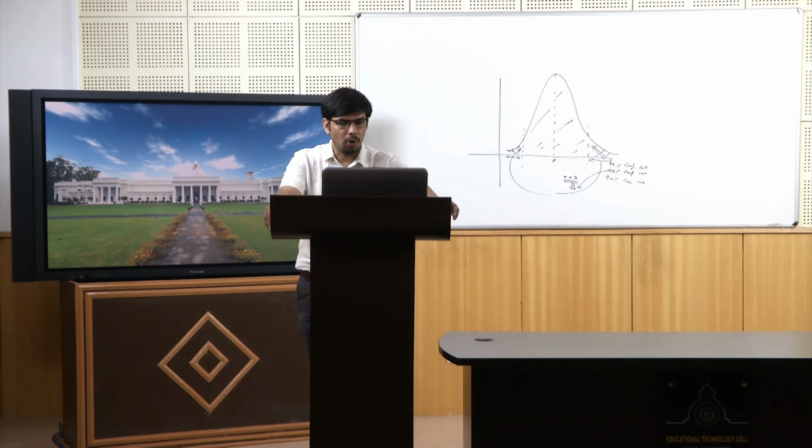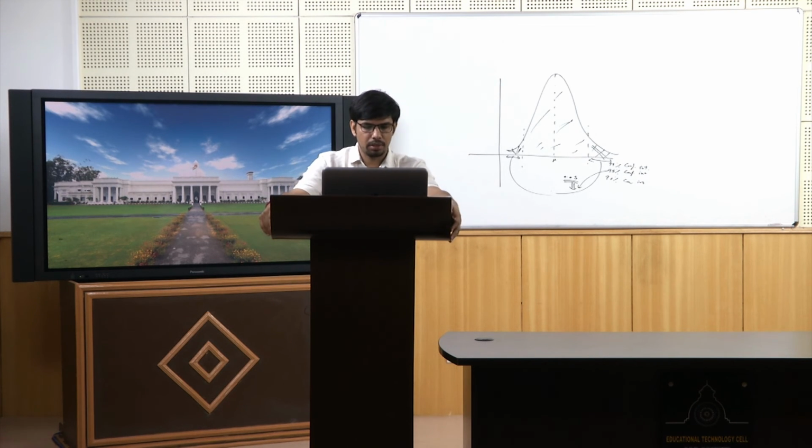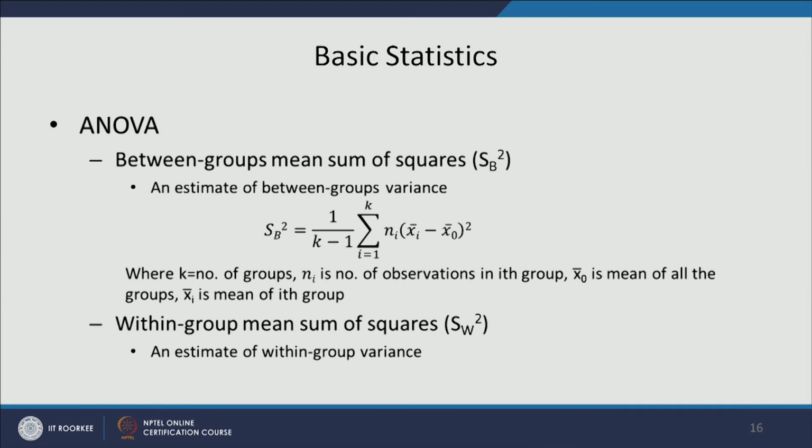Now, there are two important statistics that we compute in the Anova process. One is the between groups mean sum of squares, that is SB squared. This is an estimate of between groups variance.